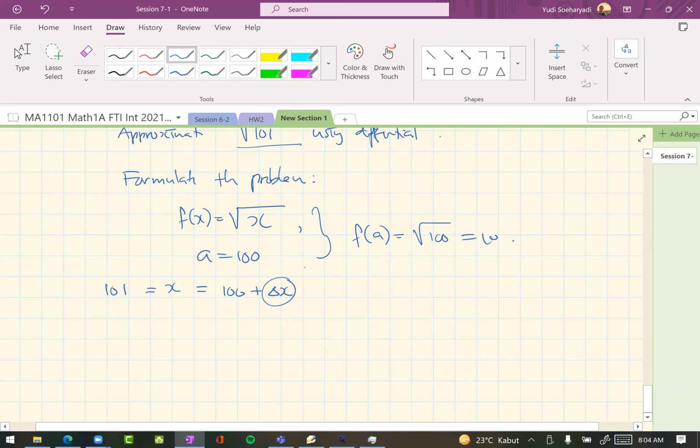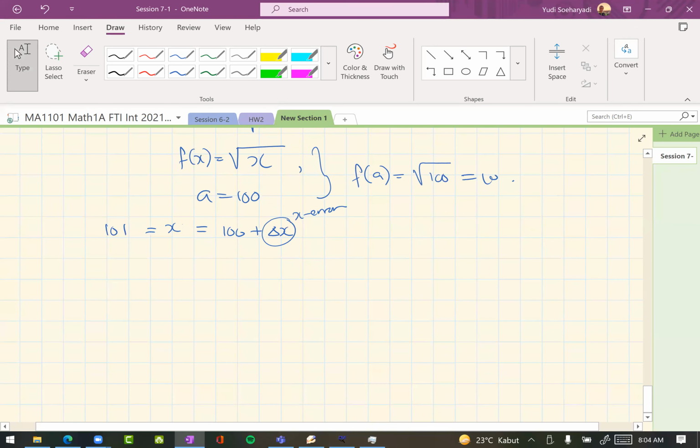So we need to find delta y, or do approximations.